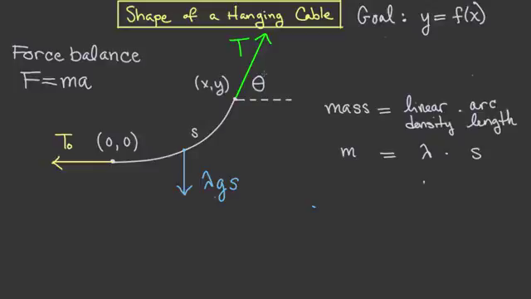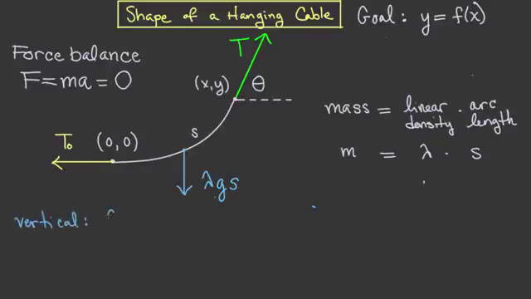Because the cable is hanging statically, that is, it isn't moving, the acceleration is 0. So these forces must balance. In other words, F equals ma is equal to 0. We can describe this force balance in terms of 2 equations. One balancing the forces in the y direction, and one balancing the forces in the x direction.